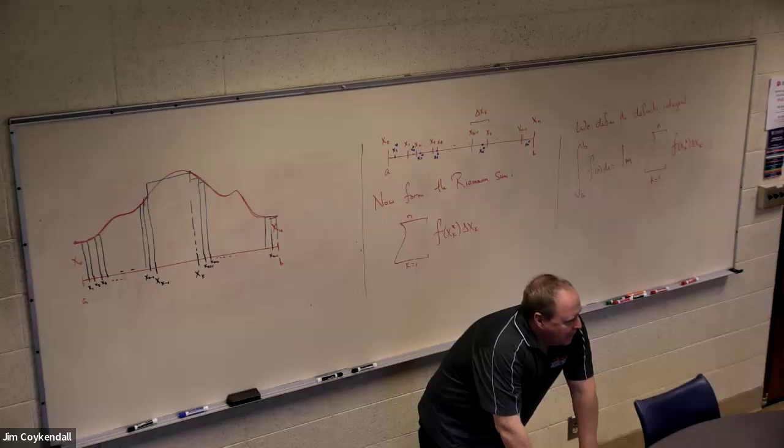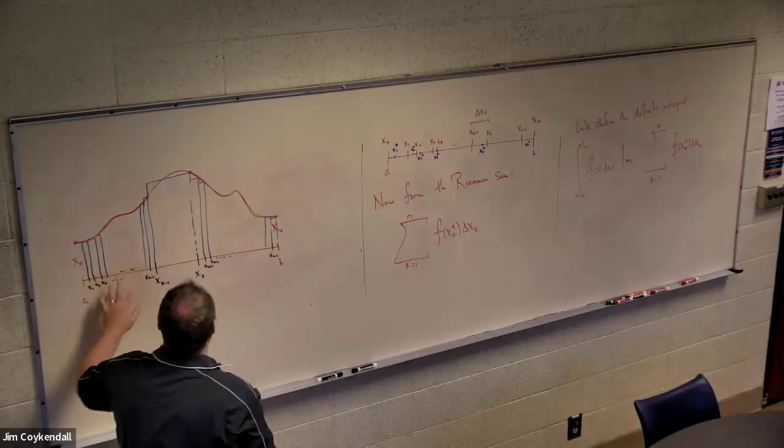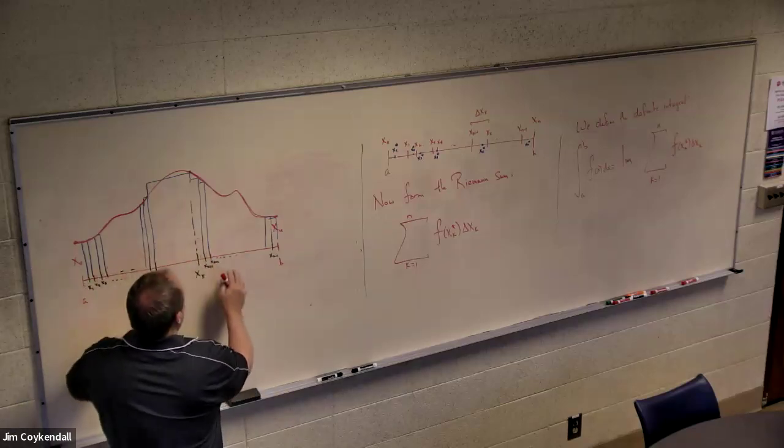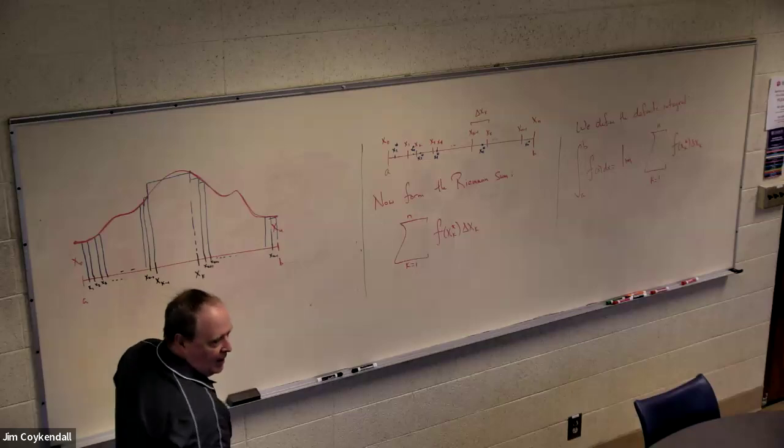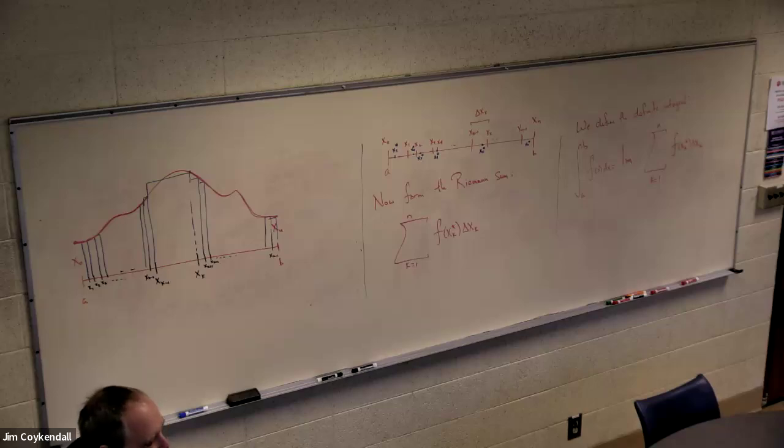How can we get around this problem? Any ideas? When I let n go to infinity and keep this box, what happens to all the boxes on the left and right? What's happening to the widths of them as they get more and more boxes?